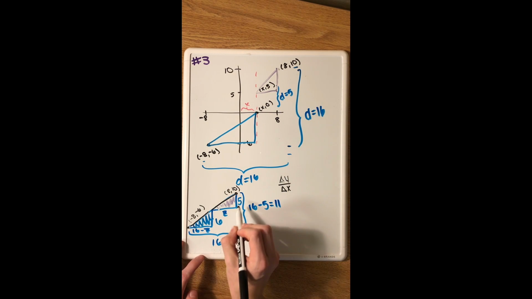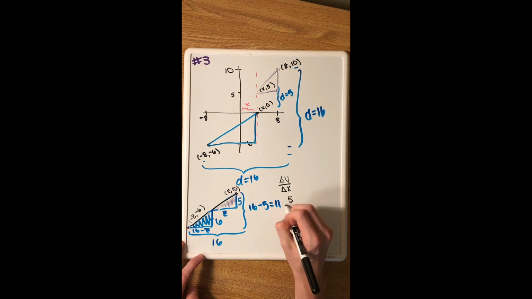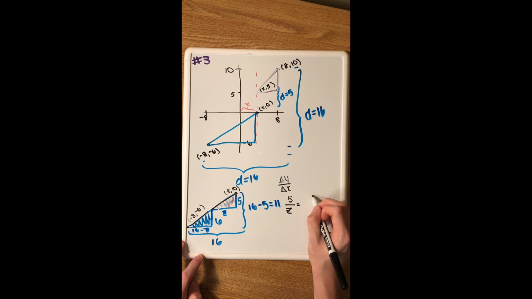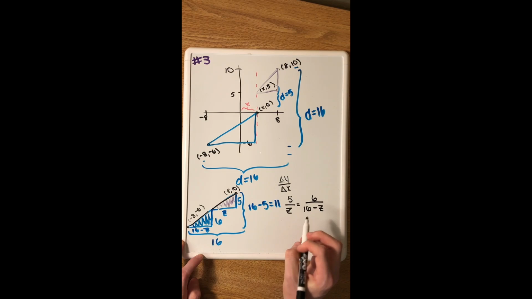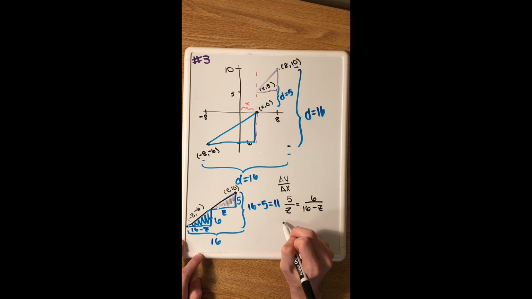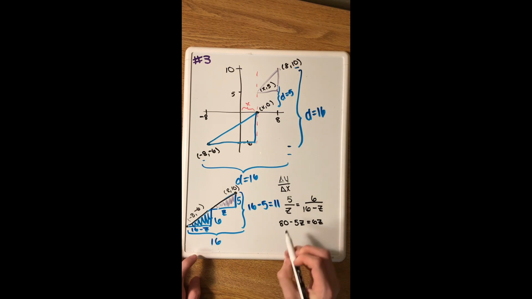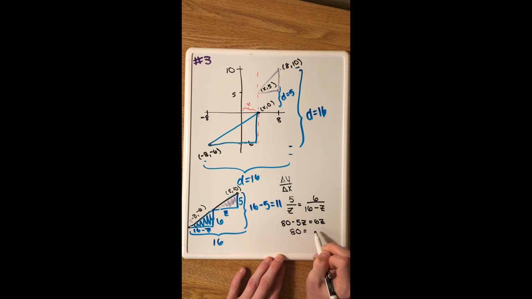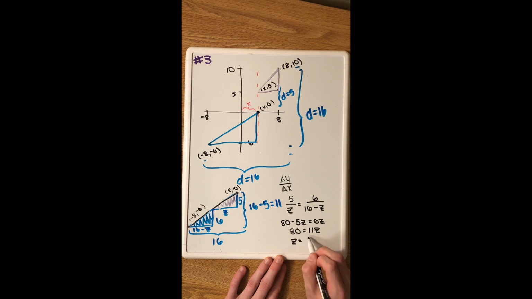So we know that the y component for that one is 5 over the x component, which is z, has to be equal to 6 over 16 minus z. And you can cross multiply, and this gives you 80 minus 5z is equal to 6z. So you're going to add 5z to the other side, and you get 80 is equal to 11z. You divide by 11, and you get z is equal to 80 over 11.